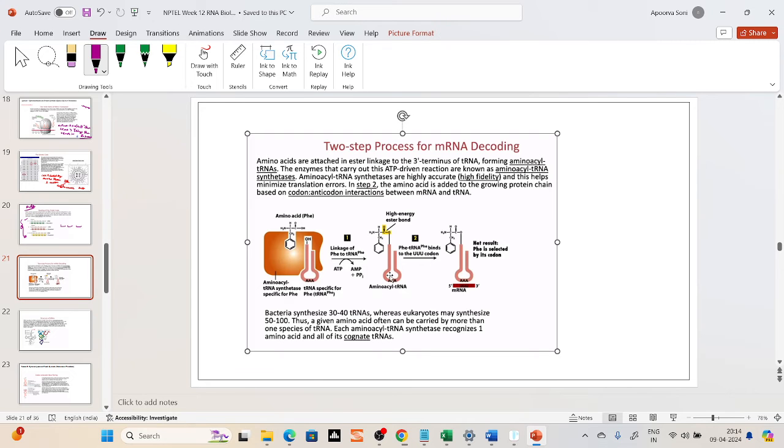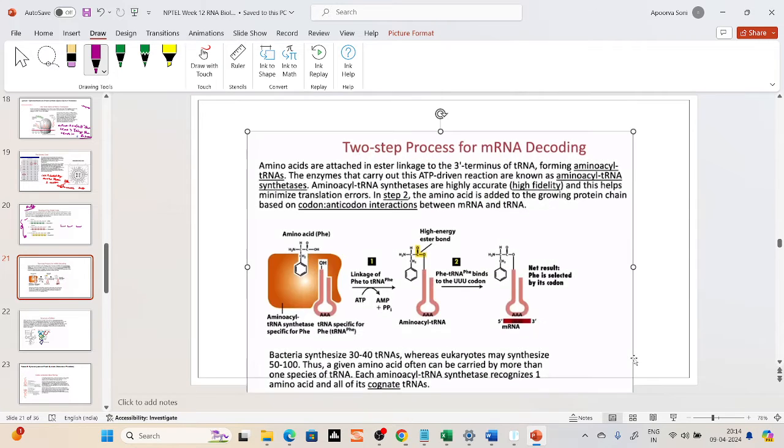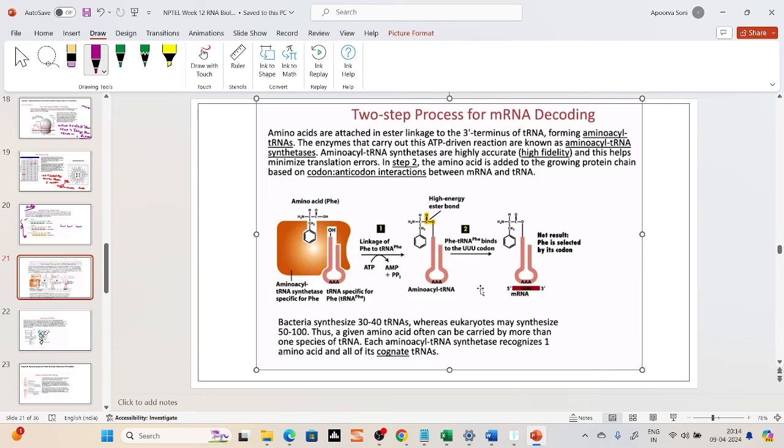Then how mRNA is decoded. I think you all know this. First, charging of tRNA takes place. What is the meaning of charging of tRNA? Charging of tRNA means that whatever amino acid has to be brought in has to be attached to the tRNA. It is a two-step process.